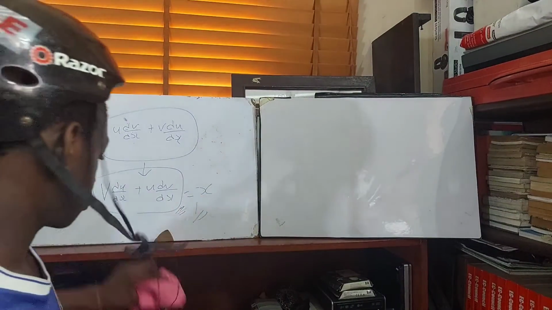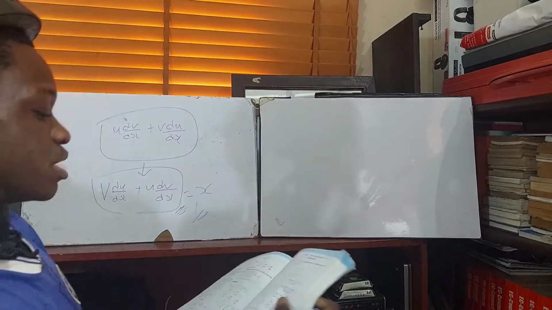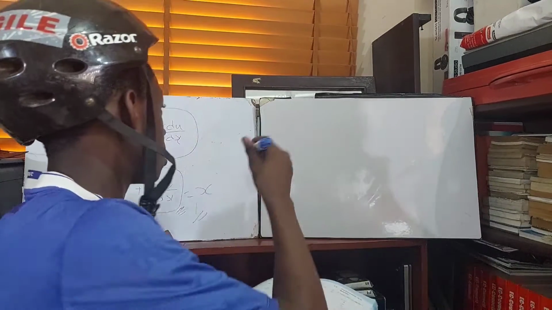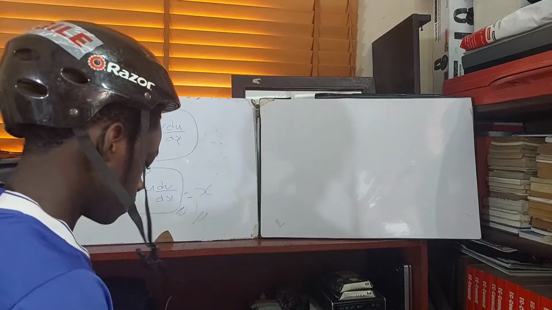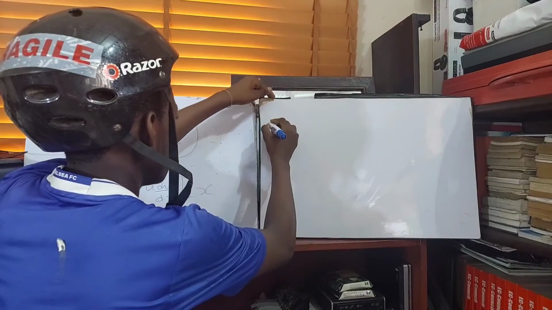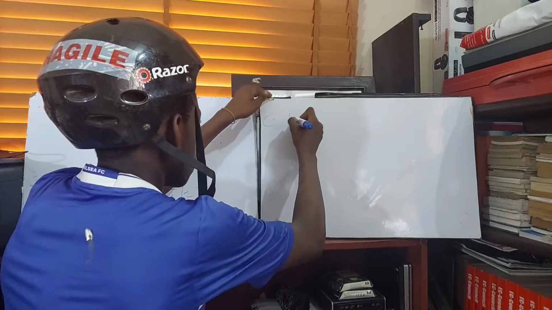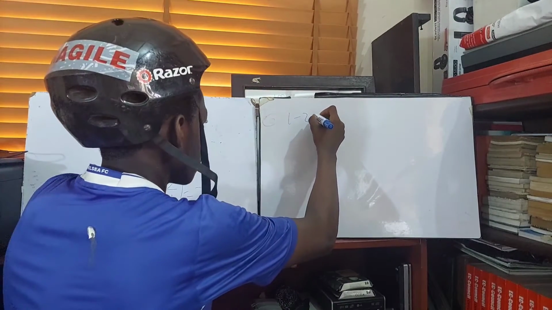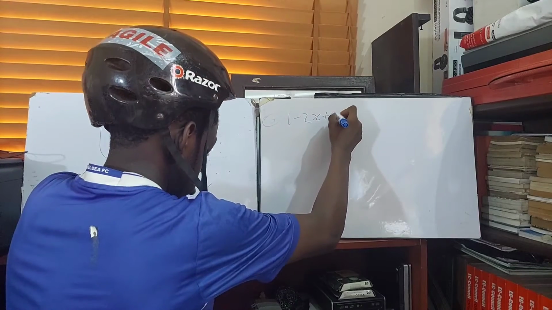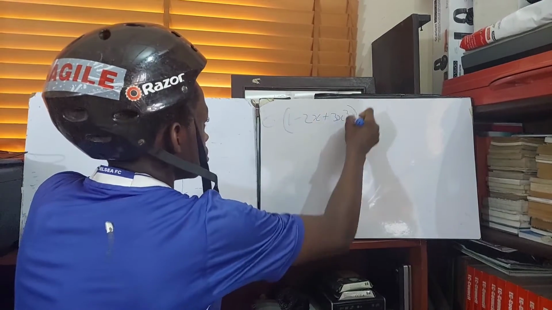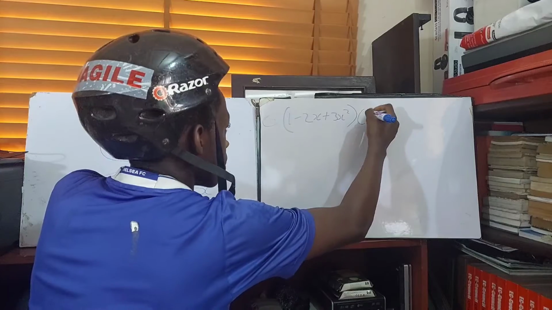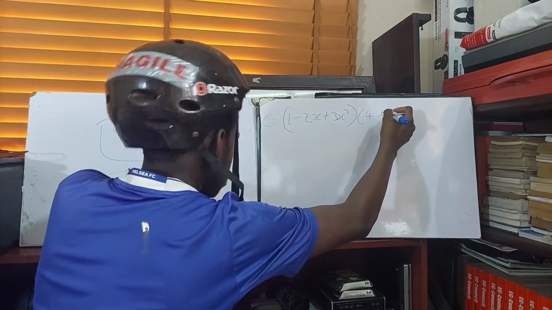So I'm going to give another example. Let me pause this one. Okay, so for example 2, we're going to pick example 15 from the book, which is part b. For b we have 1 minus 2x plus 3x squared in one bracket, multiplying 4 minus 5x squared.